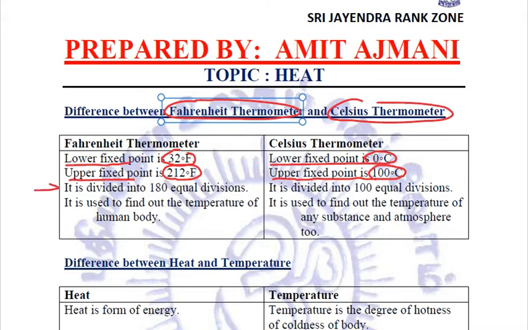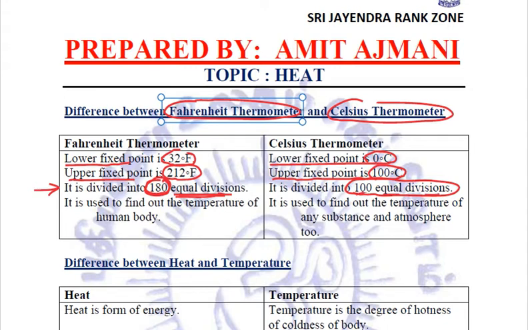Very important. You have been asked a few questions based on this, that in Fahrenheit thermometer, it is divided into 180 equal divisions, whereas in Celsius thermometer we have got only 100 equal divisions per 1 degree. Because Celsius thermometer range is 0 to 100, it will be 100 equal divisions.